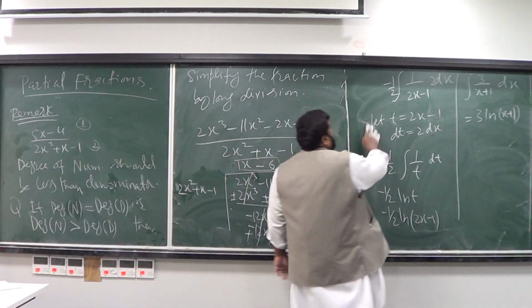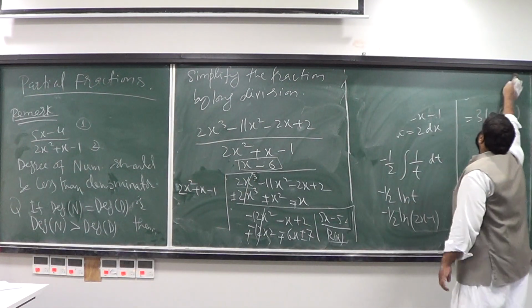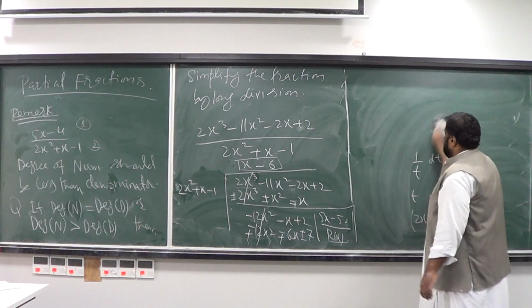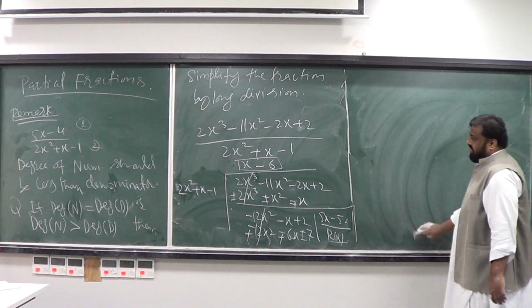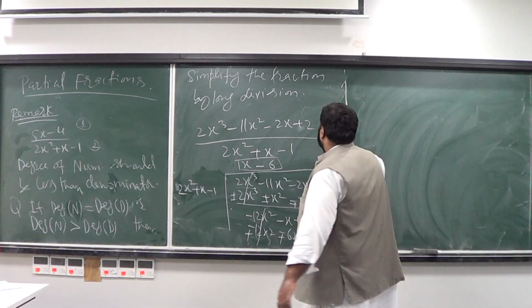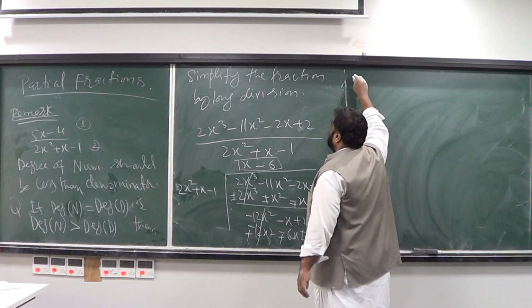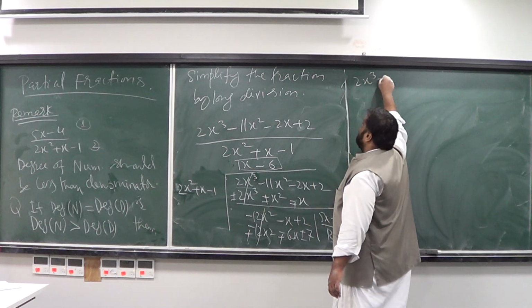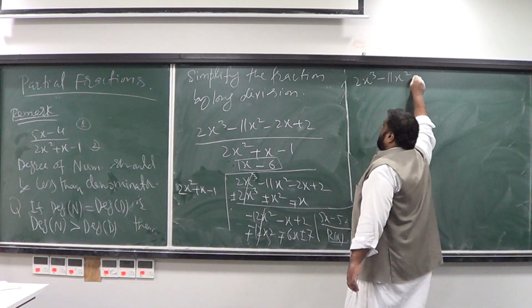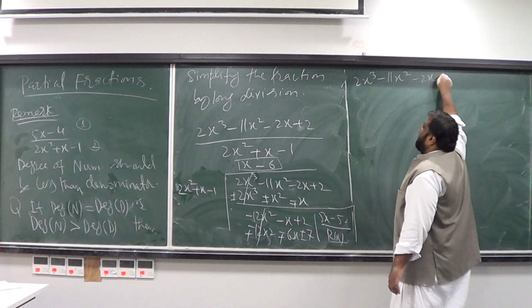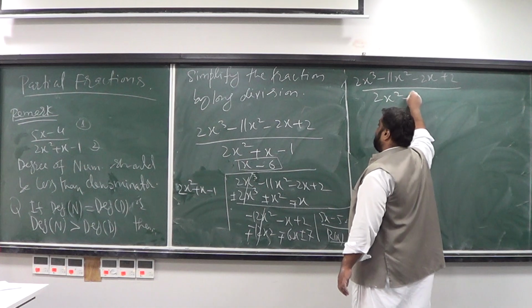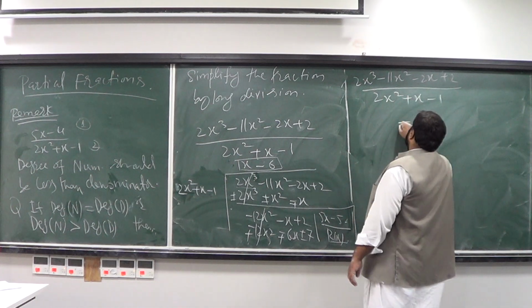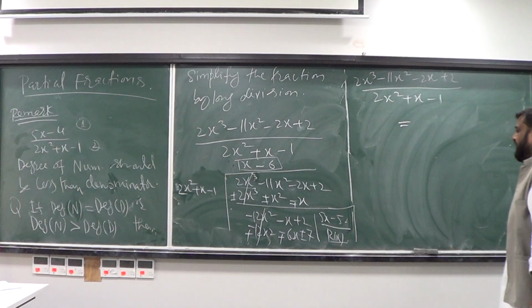So what can we do now? Now you can convert this expression. You can say that 2x cubed minus 11x square minus 2x plus 2 divided by 2x square plus x minus 1 is equal to what?